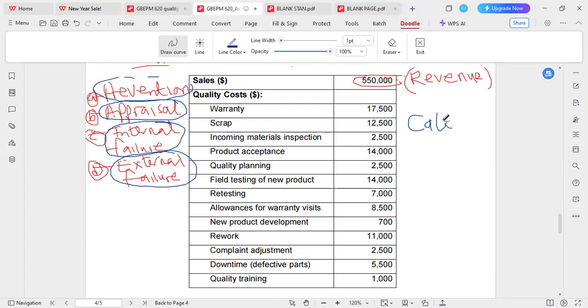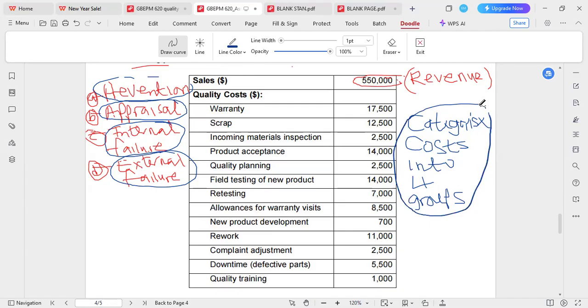Okay, so now from here, we need to categorize these costs into four groups. Under this one, the first aspect that we need to look at is the prevention cost.